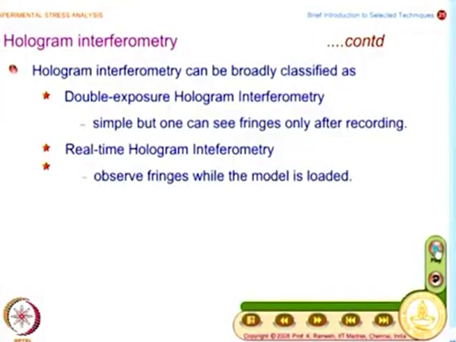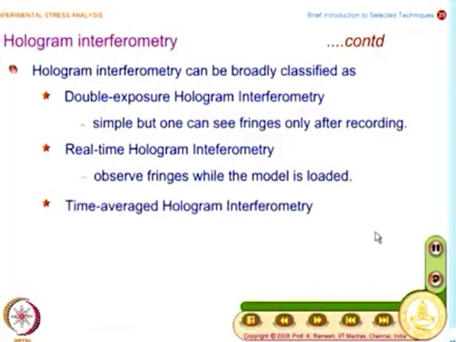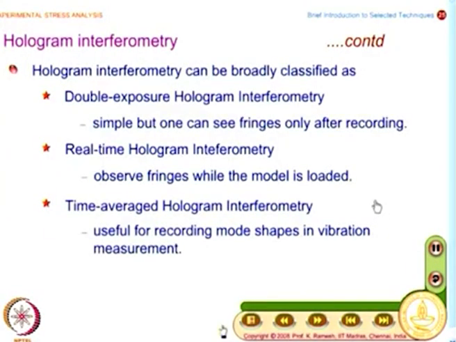Okay. Another form of holography is time averaged hologram interferometry, and this was useful for recording mode shapes in vibration measurement. Time average itself says you have a vibration event, and when the model is vibrating, you have to have some kind of time post processing, so that you get the information without a sense of blur.